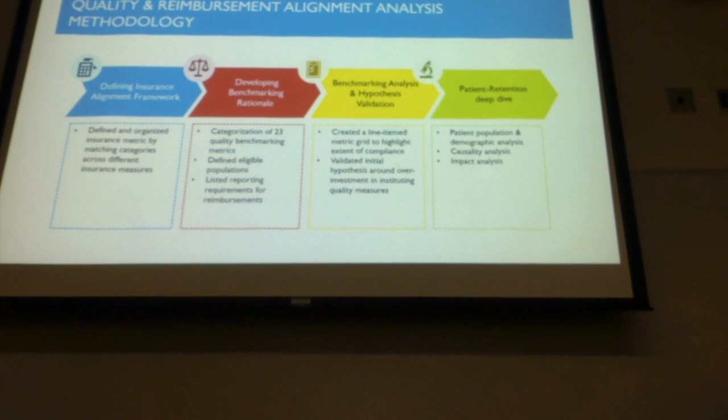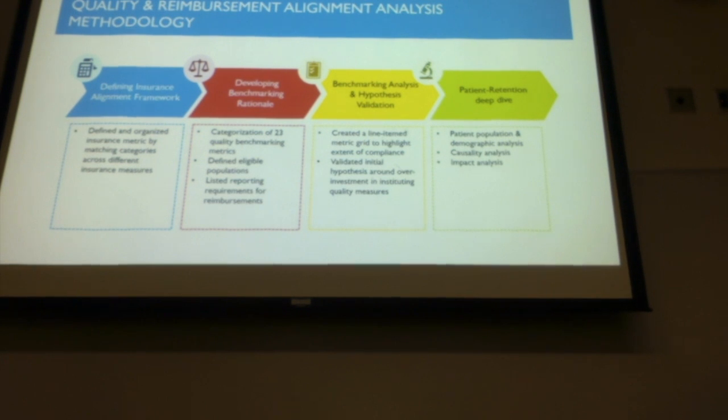To conduct a quality analysis, we looked at HEDIS and Highmark measures associated with the insurance metrics that KPP is currently being scored on. To note, the HEDIS measures are followed by approximately 90% of insurers, so that does encompass a lot of insurer groups for KPP.